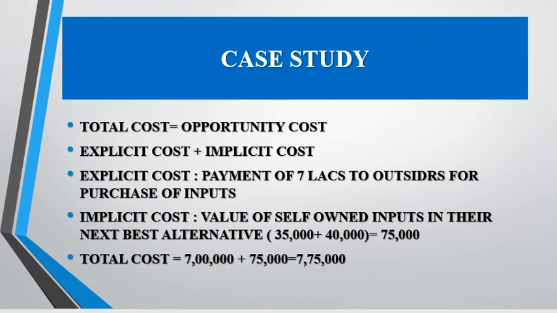He has vacated his own building and is using it for the purpose of his business, so he has sacrificed 40,000 rent per month. So implicit cost is 75,000. So total cost is explicit cost of 7 lakh plus implicit cost of 75,000, the cost of sacrifice by leaving his job and by vacating his own building and using it for business. So total cost is 7 lakh 75,000.